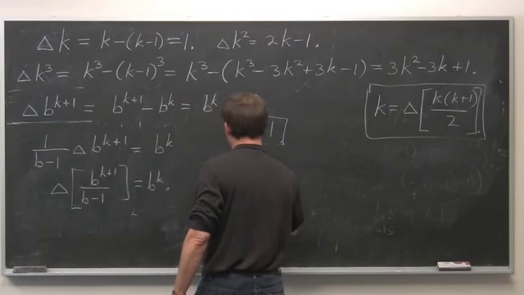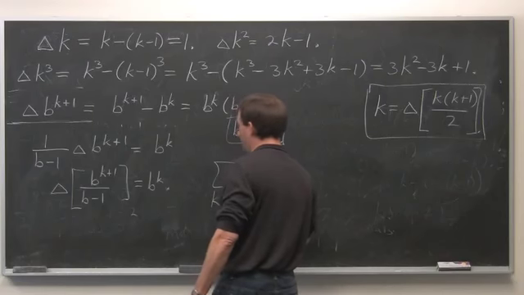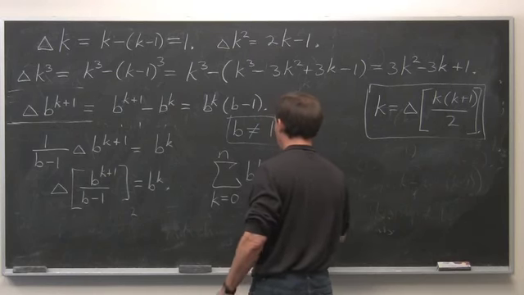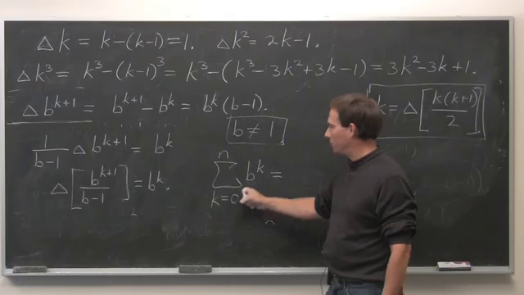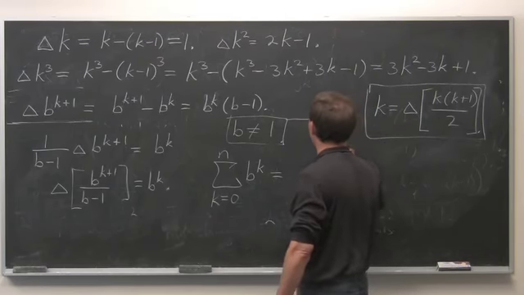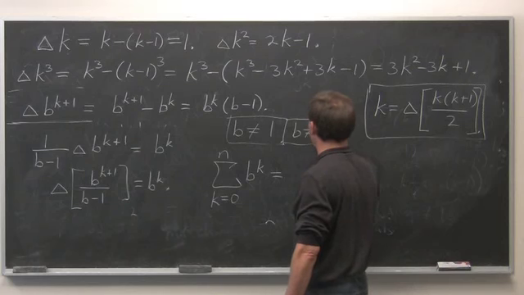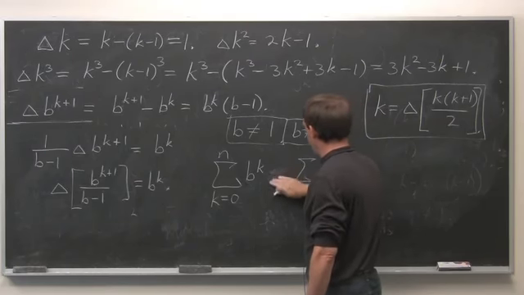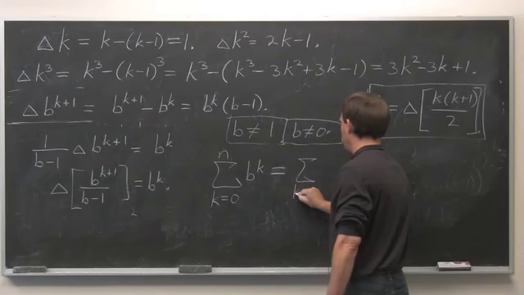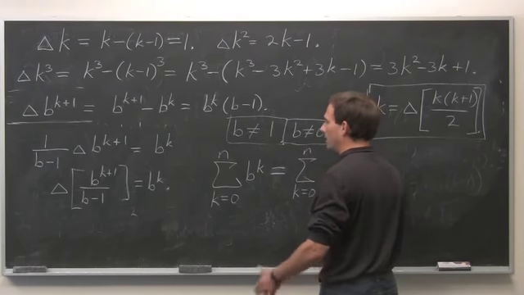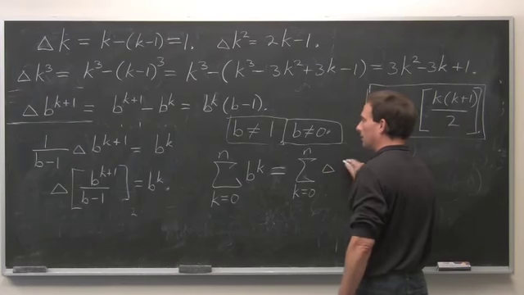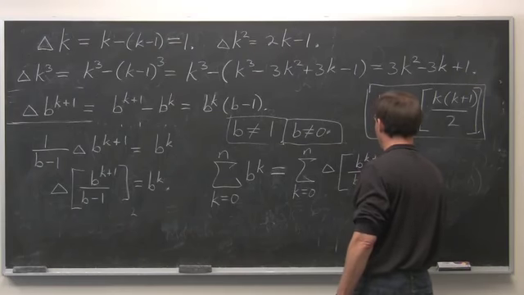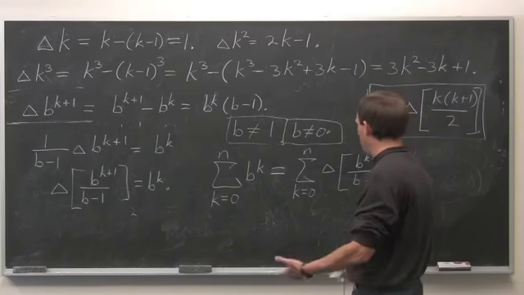So what's the sum as k goes, I'm going to start at 0 now, from 0 to n of b to the k. Because I don't want to have 0 to the 0, I'm now going to also say b is unequal to 0. But aside from that, this is the same as the sum as k goes from 0 to n of delta of b to the k plus 1 over b minus 1. But then you use telescoping.